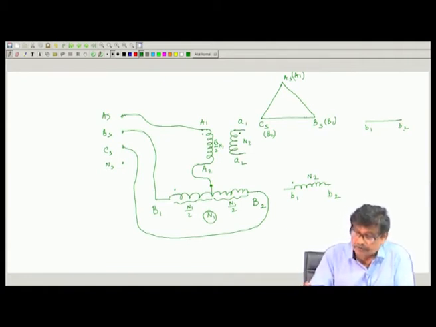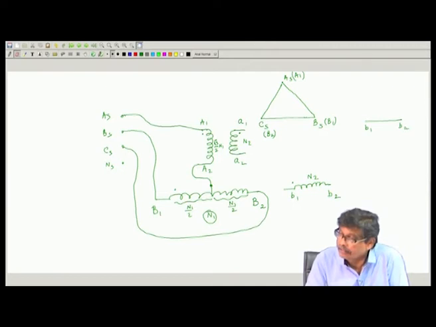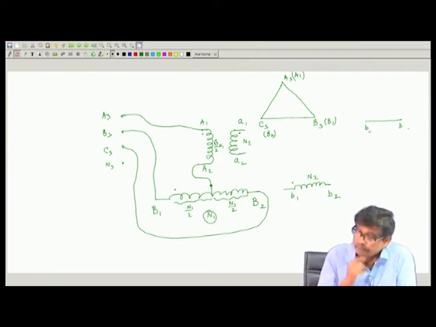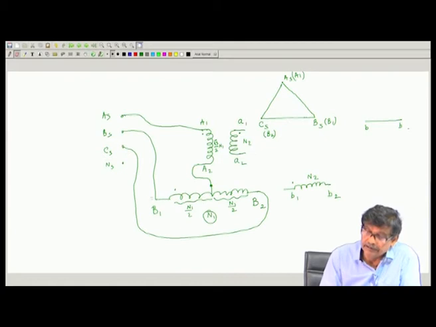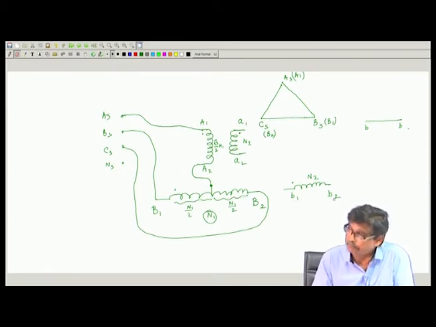Of course, I have not correctly named it. This must be B2 connected to CS. I am sorry. B1 is connected to BS and CS is connected to B2. So, the voltage applied across this is B1 B2, and the secondary induced voltage is B1 B2.